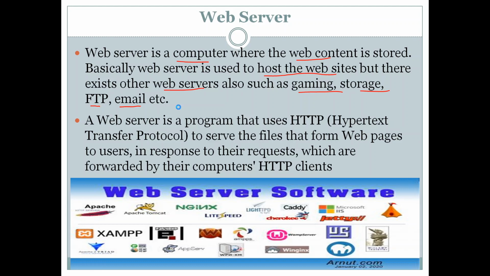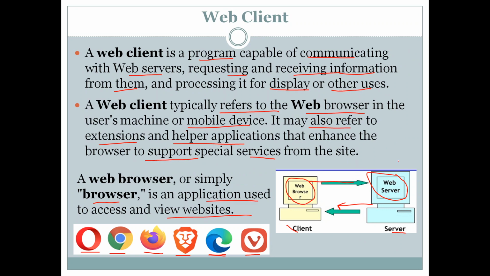In the last diagram you can see we have a server over here. Yes, it is a computer. It is a computer where the web pages or web documents are stored.